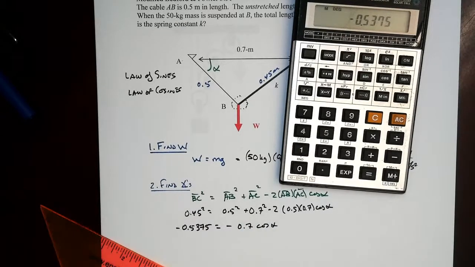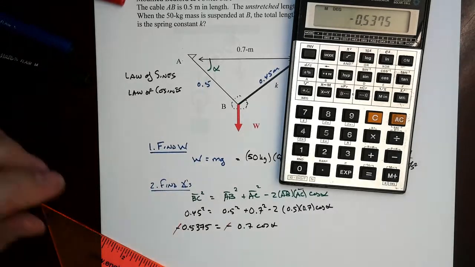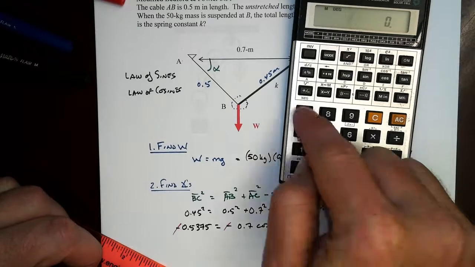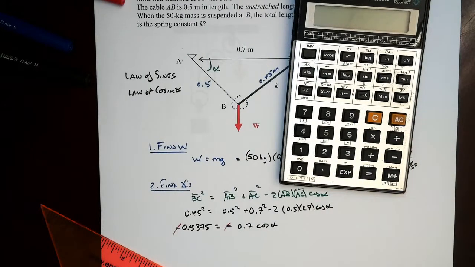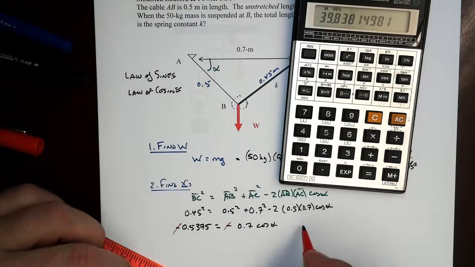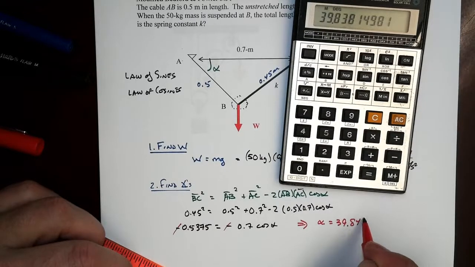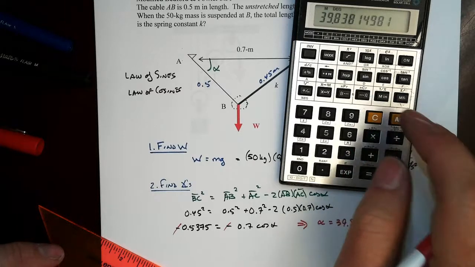So I'm going to divide through by -1, and the minus signs will go away nicely. That's good, because I want to have a positive angle here. And then we take the inverse cosine, and in degrees we find out that alpha equals 39.84 degrees. I'm going to keep a few digits there for accuracy reasons.